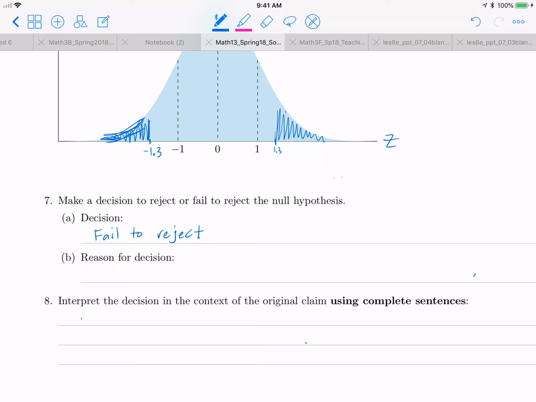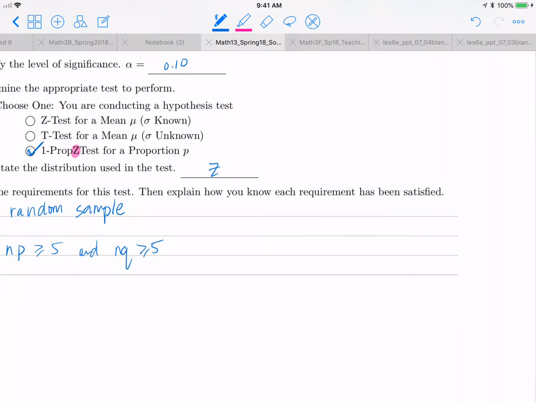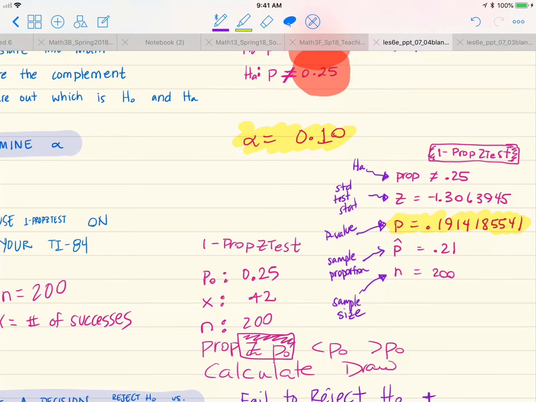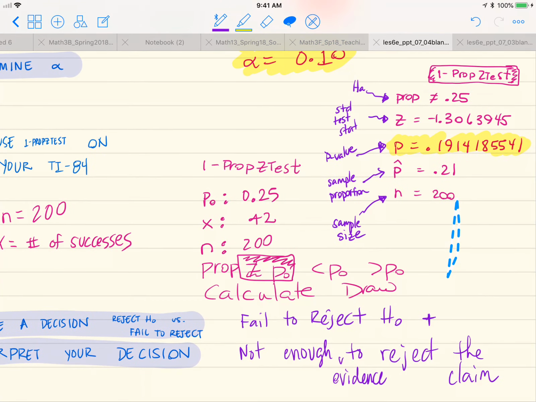Why? Because p-value was greater than alpha. And to interpret the decision in the context of the original claim using complete sentences, I believe we did that already over here. Not enough evidence to reject the claim.